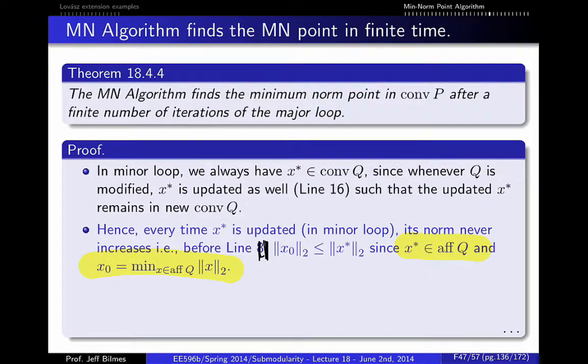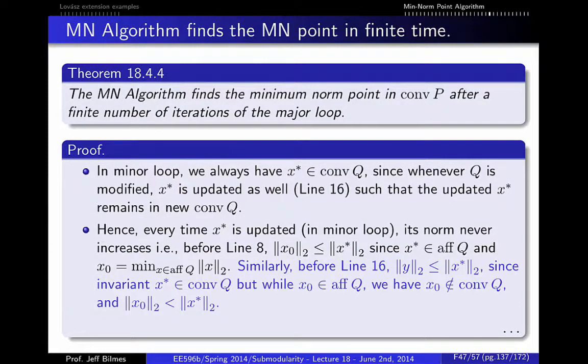Another way of looking at this is that the old x star is in the convex hull of Q. x naught is the minimum of the affine hull of this updated Q, and it also happens to be in the convex hull, so therefore it must be truly the minimum norm point in the current Q. So therefore, we have this bit here. Okay?